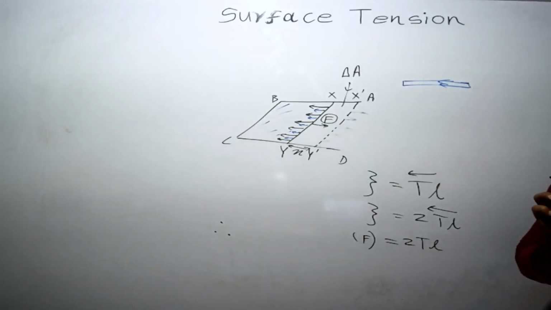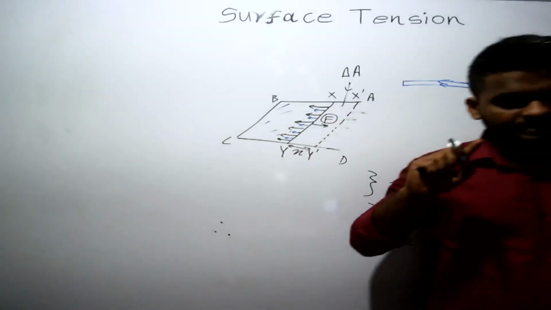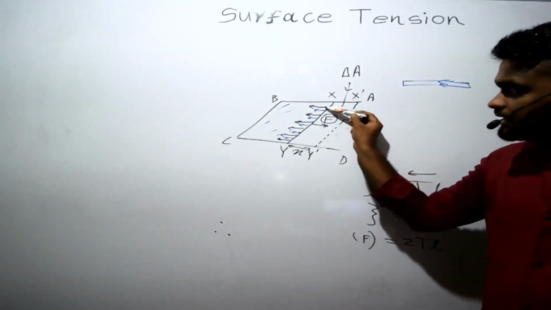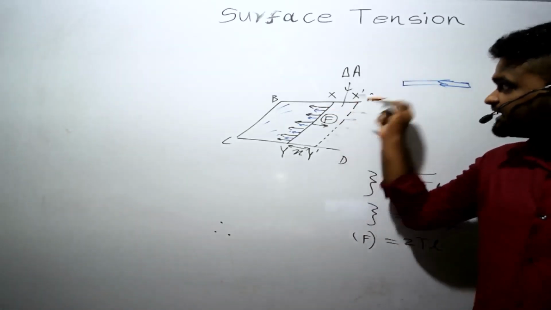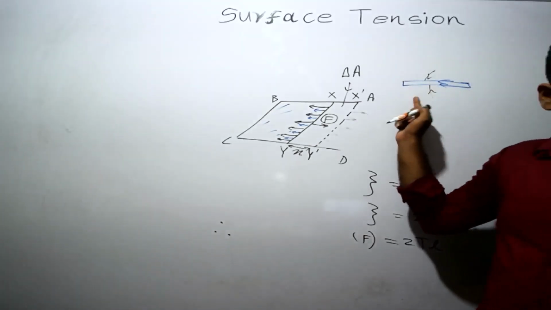Okay, if you have a problem, ask me. I'll explain this further. Listen. There are T forces. There are two free surfaces, right? One surface and another surface.